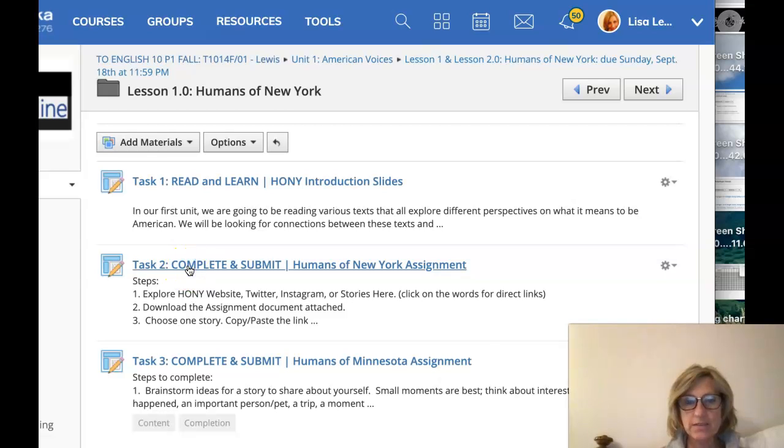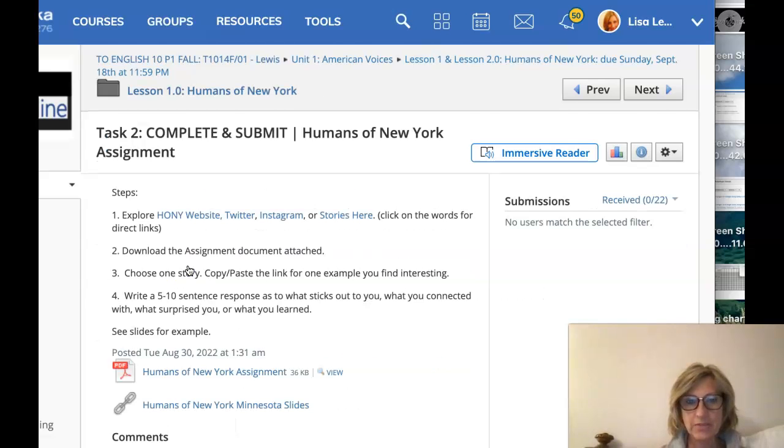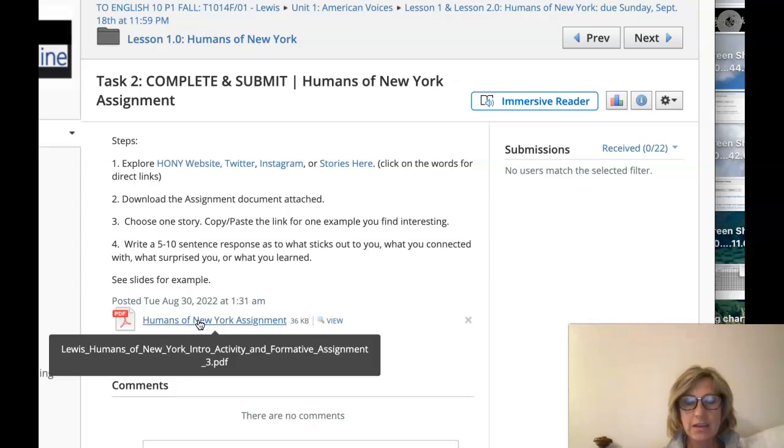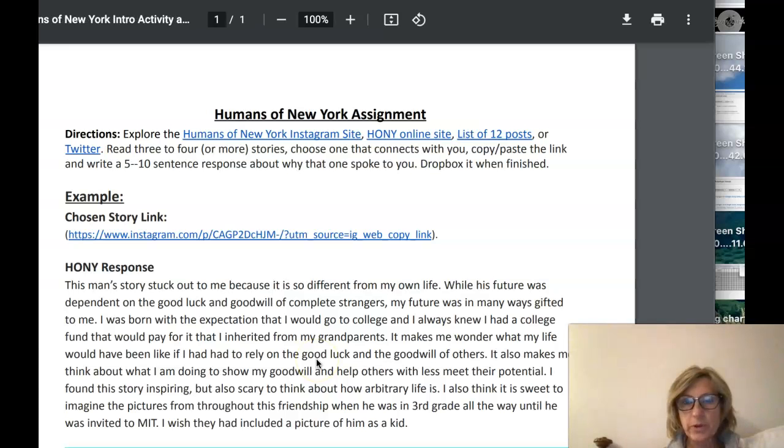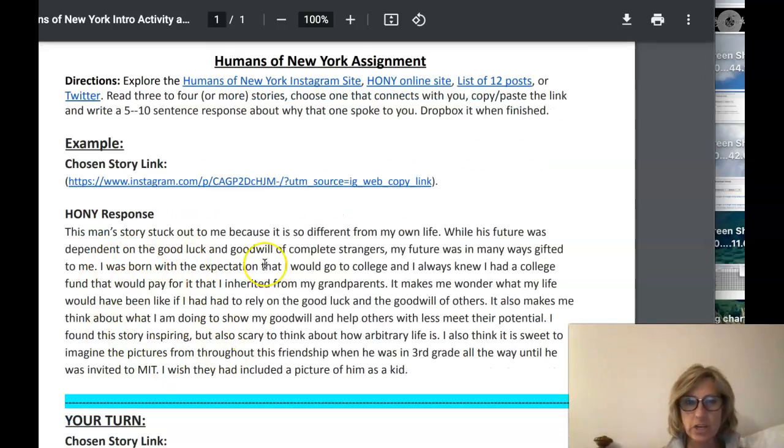Task 2 is the first assignment that is explained in those slides, and that is a Humans of New York assignment. And that is basically you're going to explore the website, either on Instagram, the online website. There's some posts there that I copied for you. Twitter, you choose one and you either state what it is or you put the link there and you explain why it struck you.